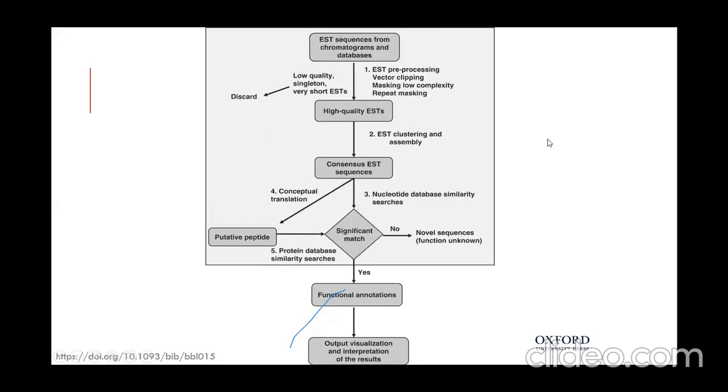Given EST sequences, you first generate high quality ESTs, because low quality or short ESTs may not fetch you anything, since the human genome is highly repetitive. You may not get proper genomic information; they may attach to some non-coding region if given a small fragment of 10 to 20 nucleotides, just like primers. But given a proper length, you get into high quality ESTs, then you cluster and assemble them through a software program.